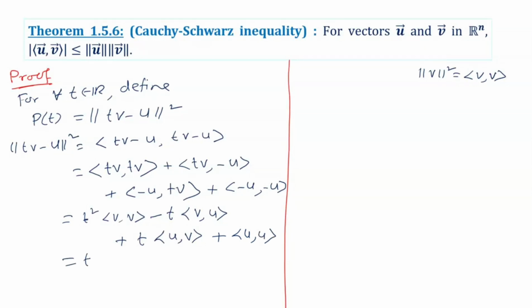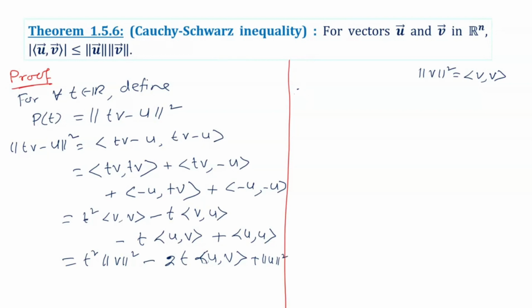So this gives you t² norm of V whole square minus 2t ⟨U, V⟩ plus norm of U whole square.